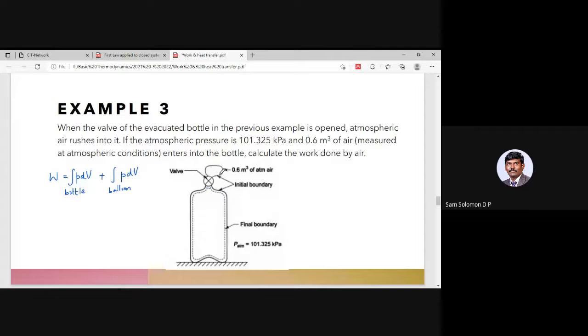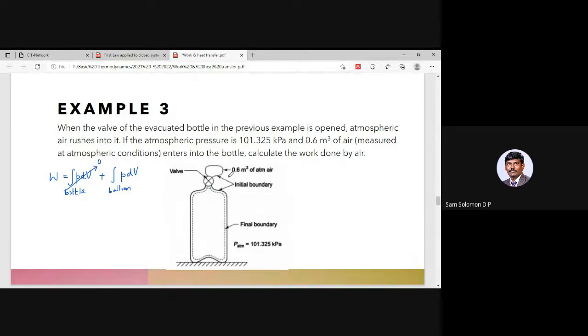Even if you fill more air in the bottle, it is going to occupy the same volume because it has got a rigid structure. So this volume is not going to change. So dV is still 0, and the work done in case of the bottle is 0.